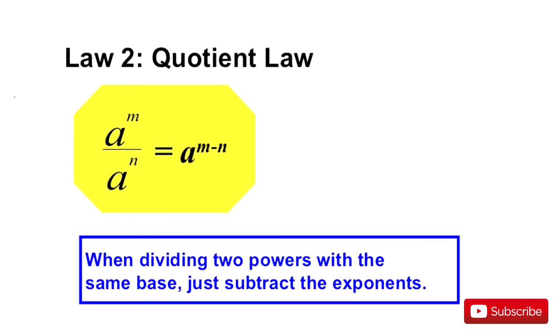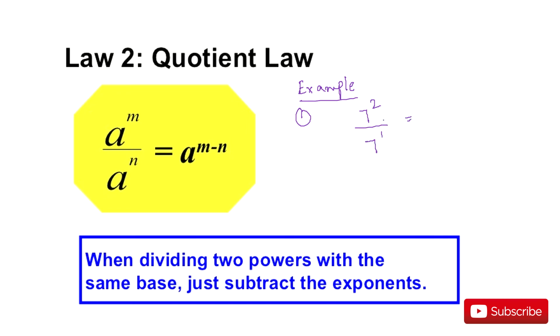Second law. This law is called the quotient law. Now what is quotient law? A to the power m upon a to the power n. Let us understand through an example. Let us take 7 to the power 2 and 7 to the power 1.